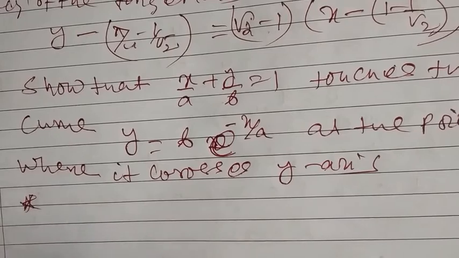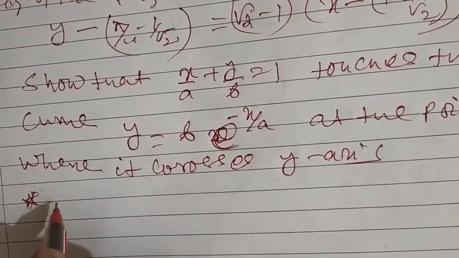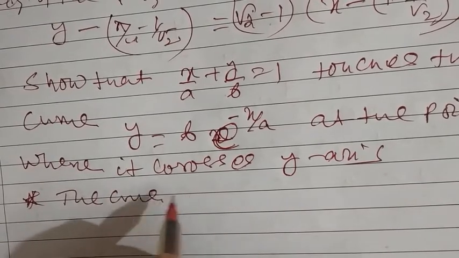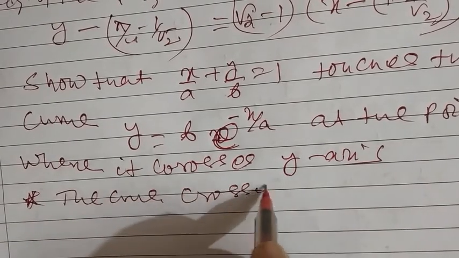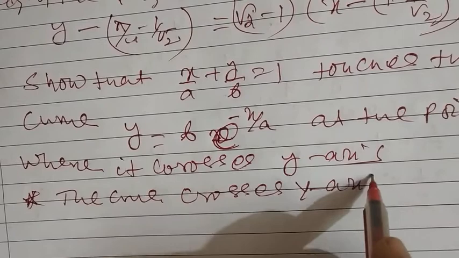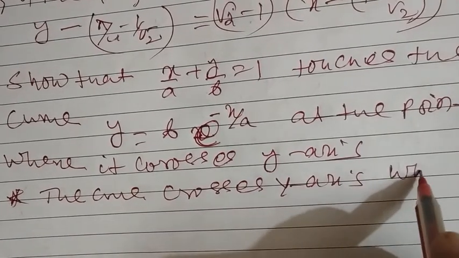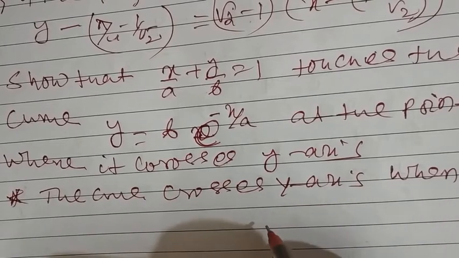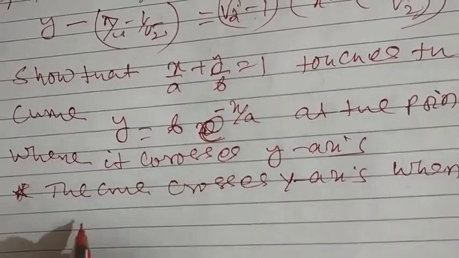So now, what is the point the curve crosses the y-axis? When x equal to 0 or not on the y-axis? Put x equal to 0.